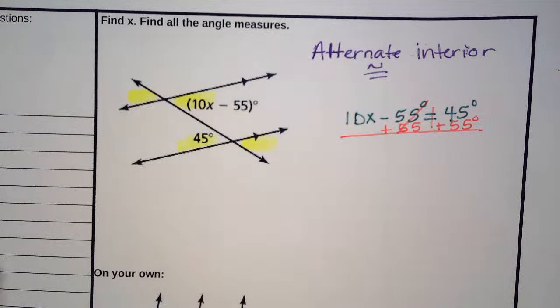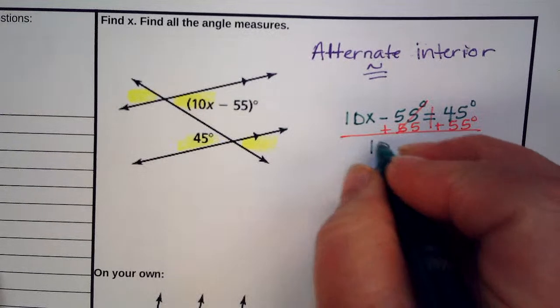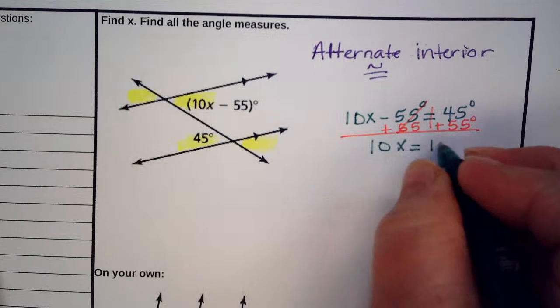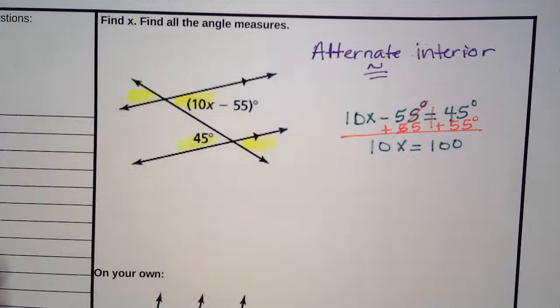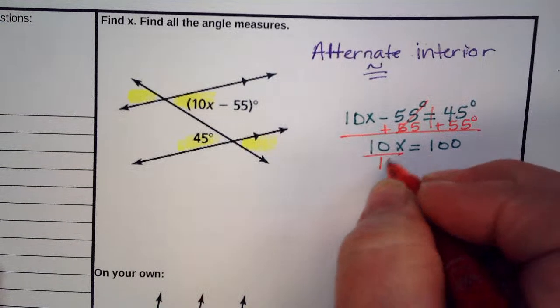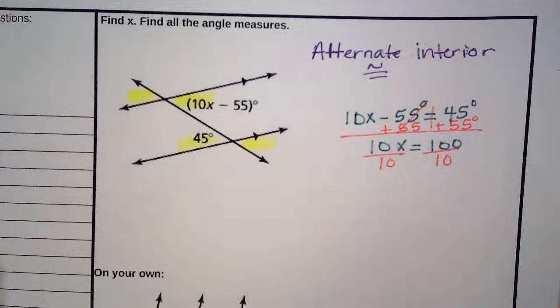And 10x is equal to 100. Divide by 10. And x is equal to 10.